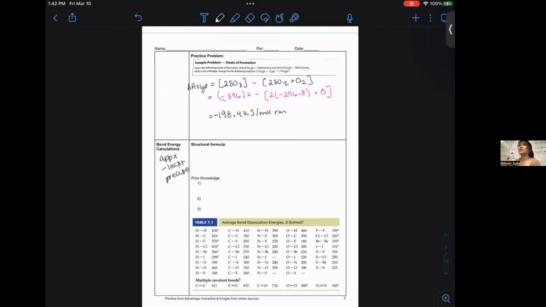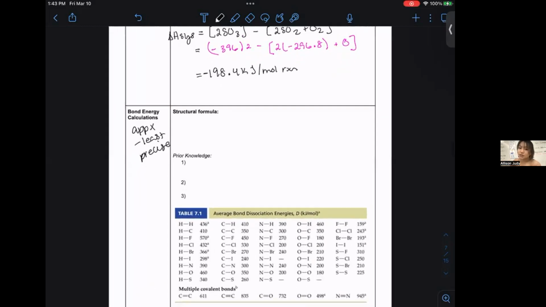Numerically, the least precise, but conceptually, the most precise, because it has us look at the energy input required to break the bonds, subtracted by the energy released to make the new bonds, which is actually what's happening in the rearrangement of a reaction. But the numbers just aren't as precise because of our measuring tools. Hypothetically, with better measuring tools, it would be more precise.